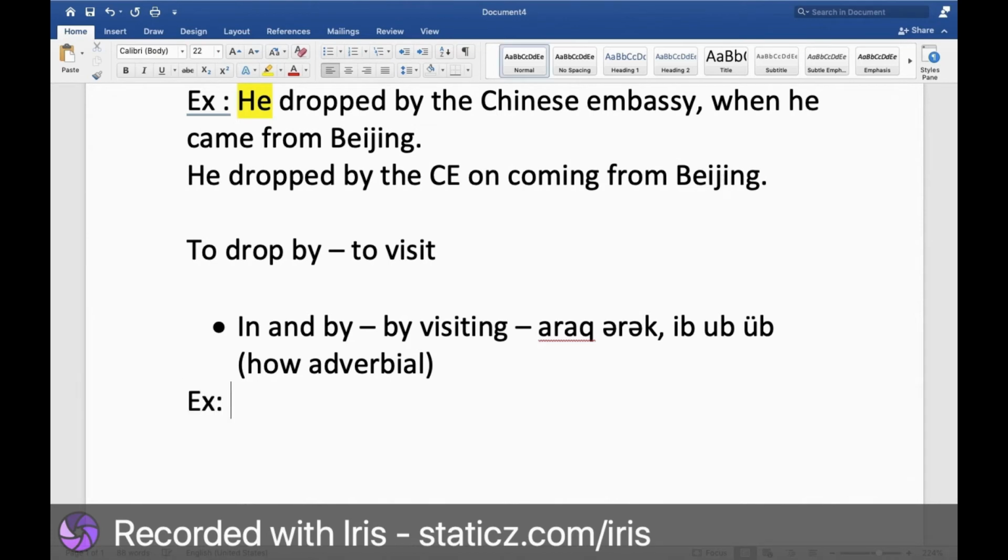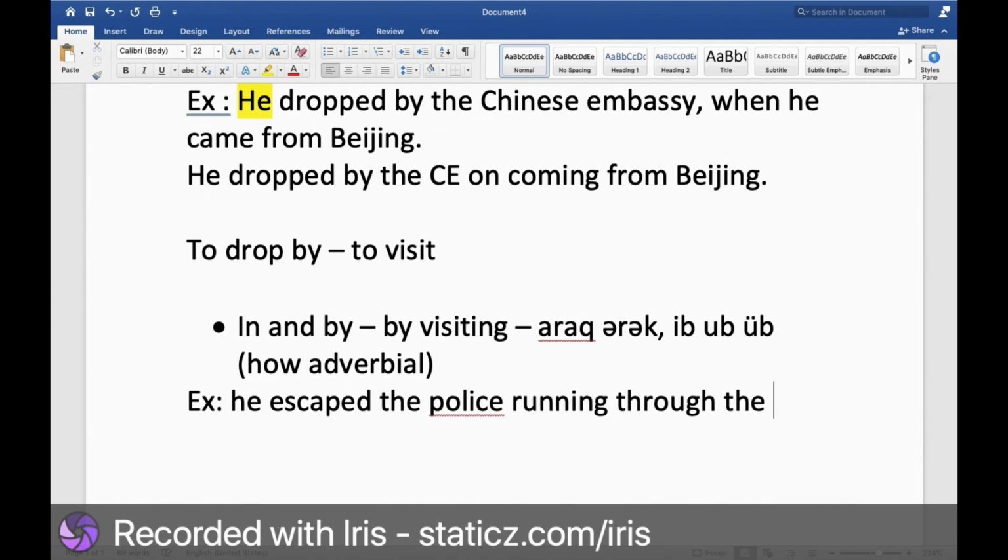For example, he escaped the police. Police are running through the forest. Right? He escaped the police running through the forest. How can you translate this sentence? Yes.